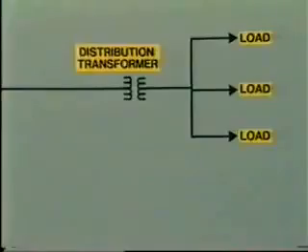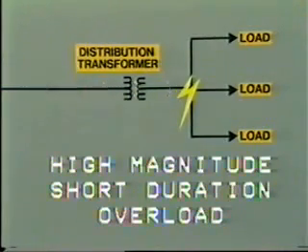But the distribution transformer may also be subjected to very high levels of fault, that is, short-circuit currents. When we have short-circuit current flowing through a transformer, this can be thought of as an extremely high magnitude, short duration overload. This now presents the probability of overheating plus mechanical stresses which could damage or weaken the insulation.